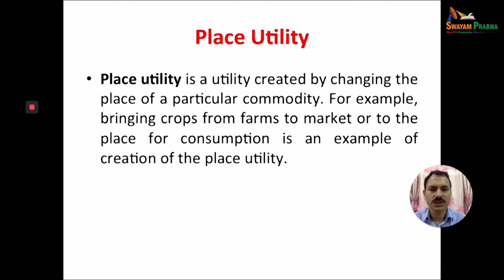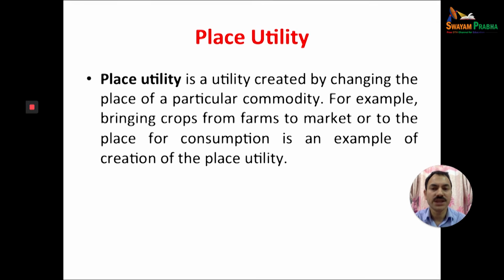Next is place utility. It is a utility created by changing the place of a particular commodity. Sand on the bank of a river has no use, but when you move it from the bank to a construction site, it becomes more useful.